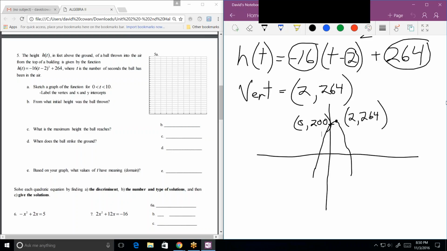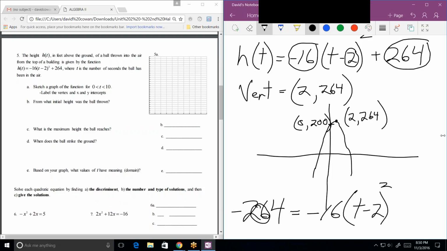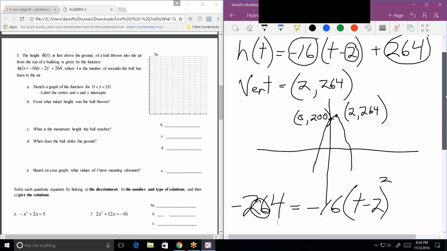H, h of t. And that's now equal to minus 16 times t minus 2 squared plus 264. Well, let's take that 264 and move it to the left. It means minus 264. Now we have to solve for t.